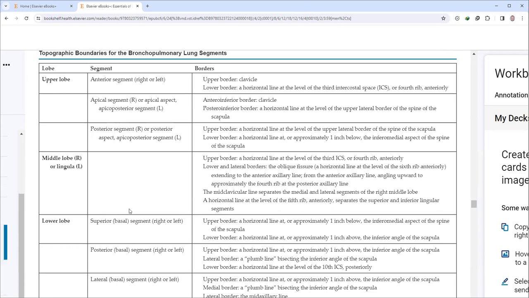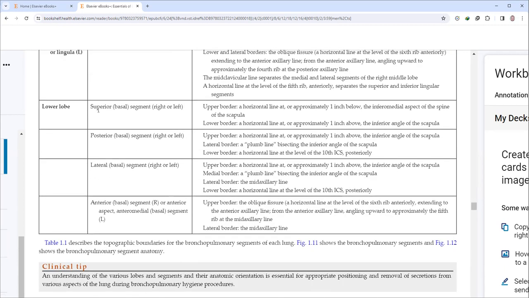For the lower lobe, we have the superior basal segment on the right and left, the posterior basal segment on the right and left, and the lateral basal segment on the right and left. Also the anterior basal segment on the right, and the anteromedial basal segment on the left.